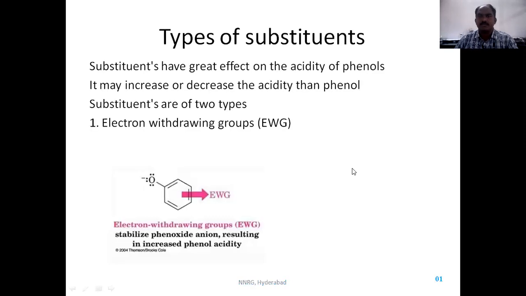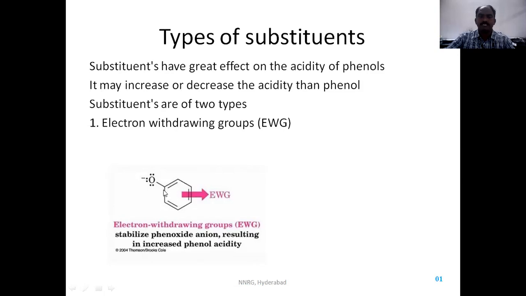Coming to the acidity of phenol, we have seen in the last class that phenols are more acidic in nature, having a pK value of approximately 10. This is because the aromatic nucleus acts as an electron withdrawing group.